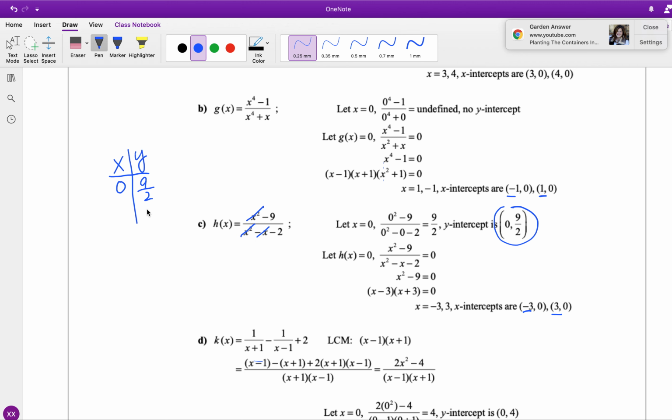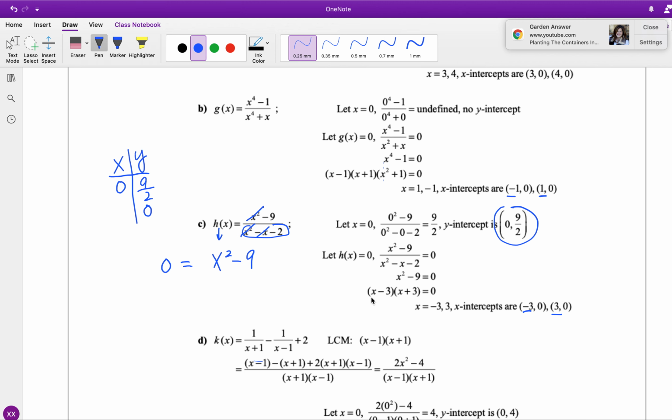Now, x-intercept is when y value equals 0. So then this part now becomes 0. Then that means on both sides of the equation, if we just multiply the whole denominator, then we would leave just x to the power of 2, subtract 9 equals 0, because 0 multiplied by that is 0 anyways.